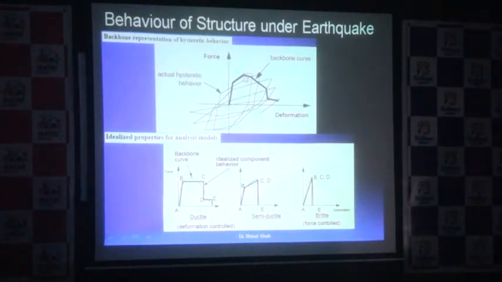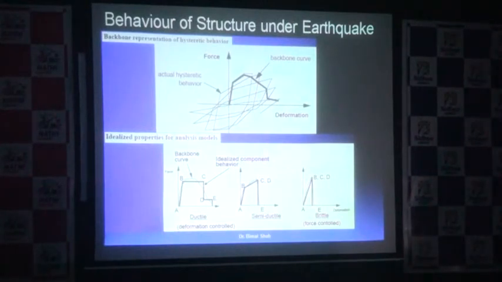In the first cycle, it will have more force compared to deformation, then it will move to the other cycle, and keep moving like this. These are how the loops will come, and if I connect all the points on only one side, either the tension side or the compression side, we call that a backbone curve.